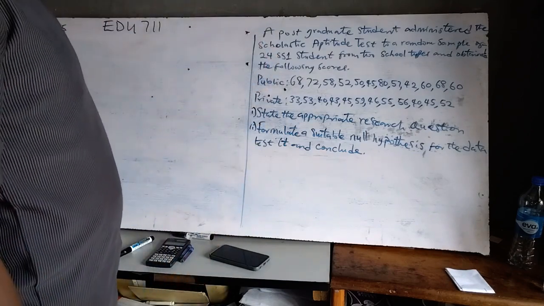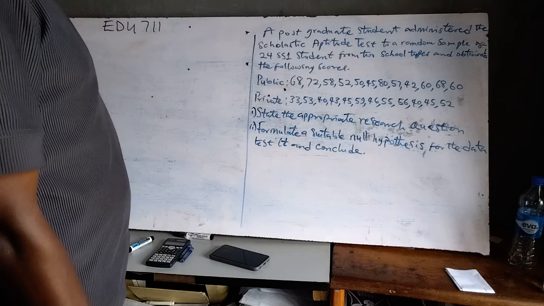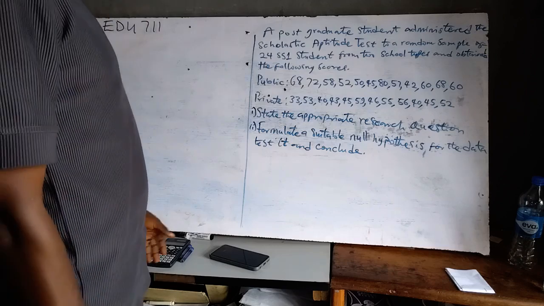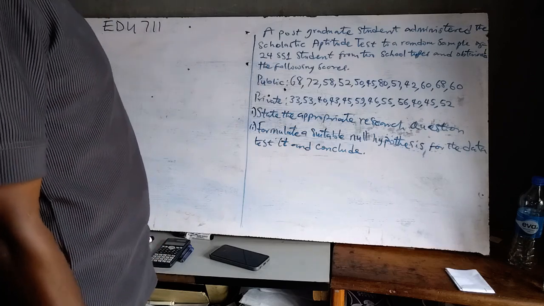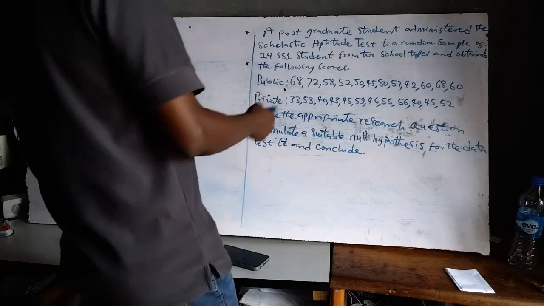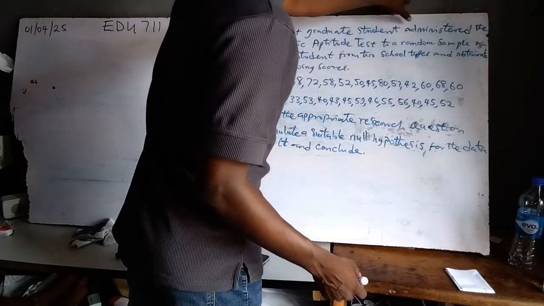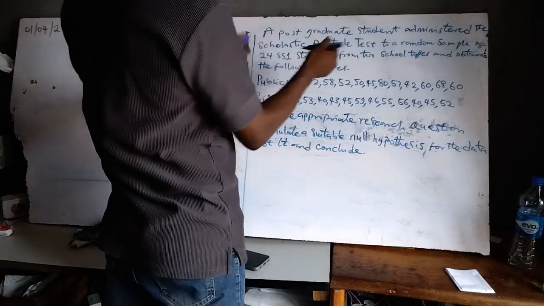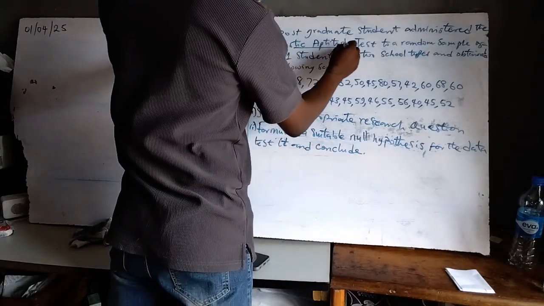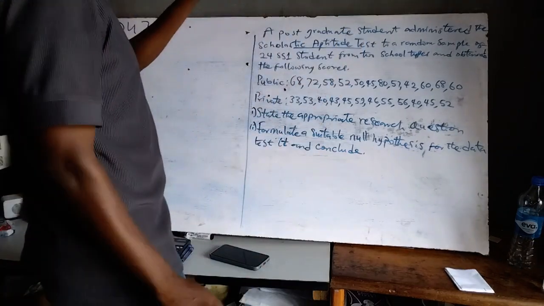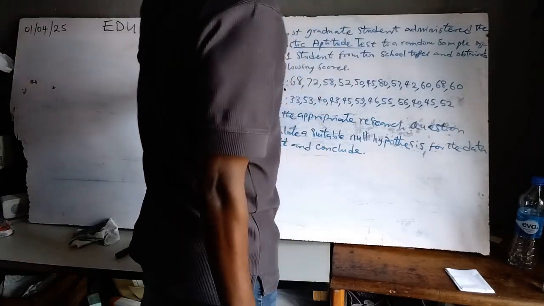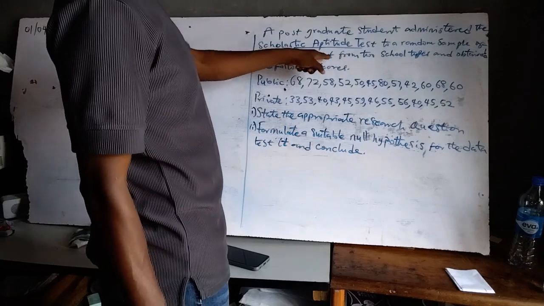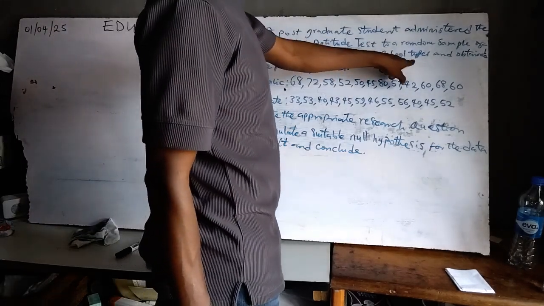So all of this, the first thing, like I said, you check how many groups and how many tests you have. A postgraduate student administered the scholastic aptitude test. That is the only test that we have here. That is one test, to a random sample of 24 SS1 students from 2 schools.